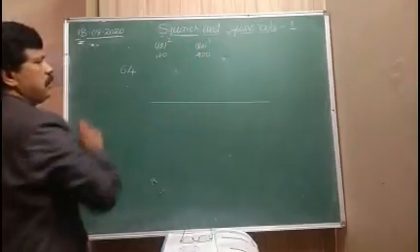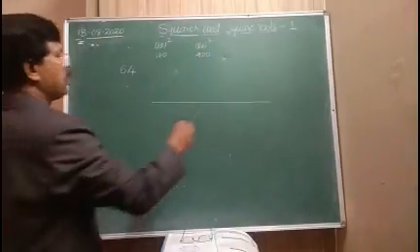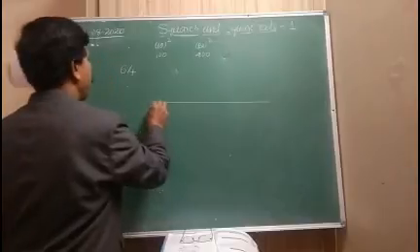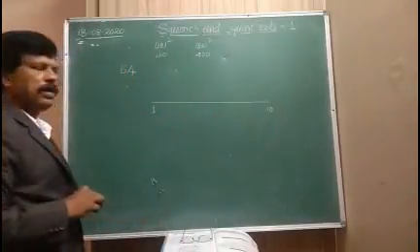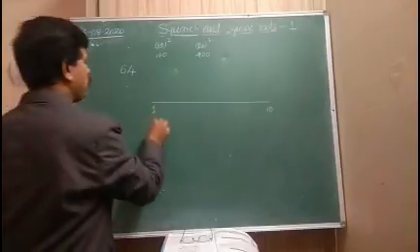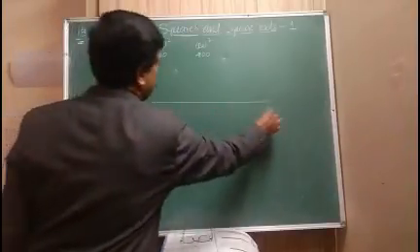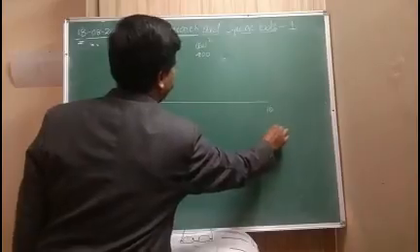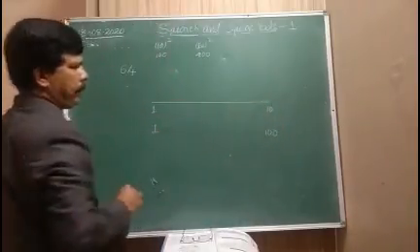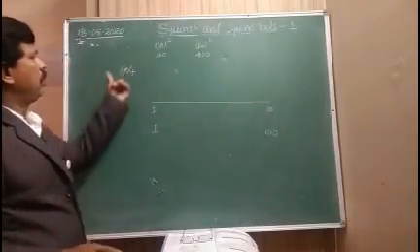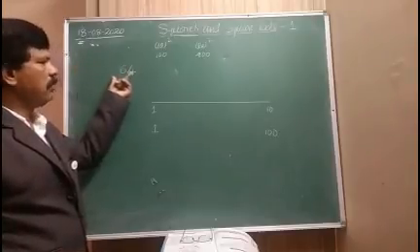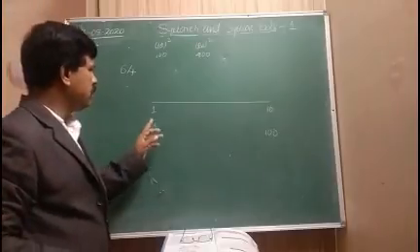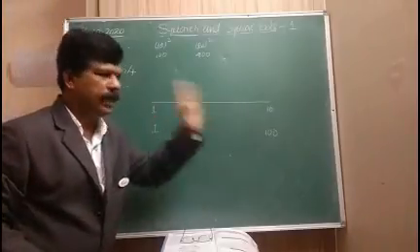But this is 64, so this lies between 1 and 10 only. 1 square is 1 and 10 square is 100. Clear? Following? I have taken the number 64. So this perfect square number lies between 1 and 10 on the number line.